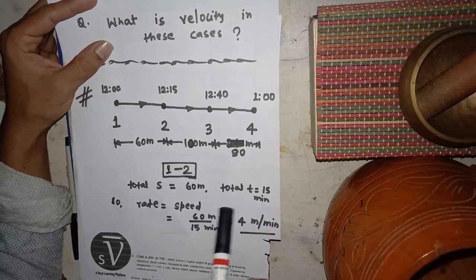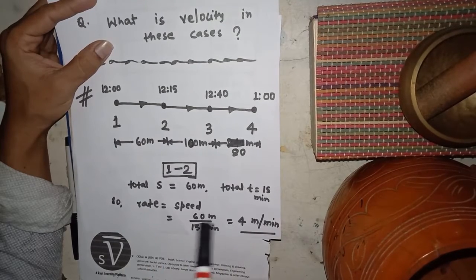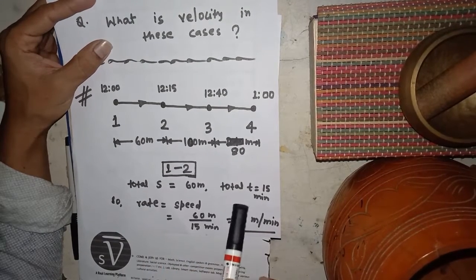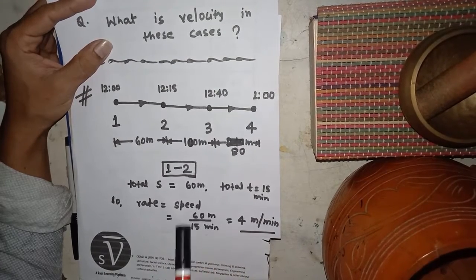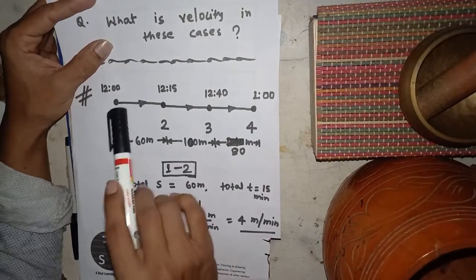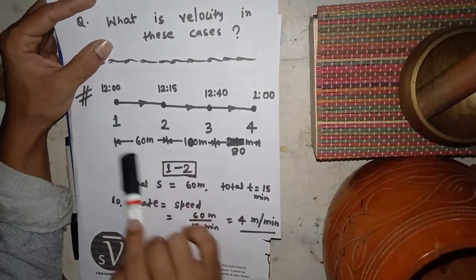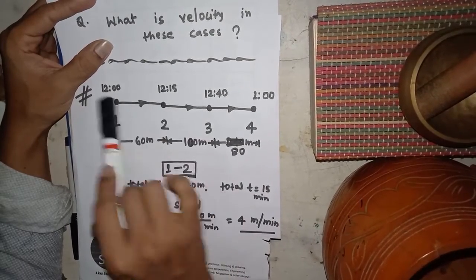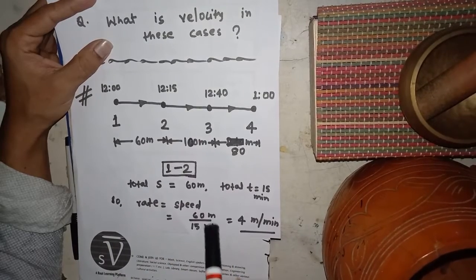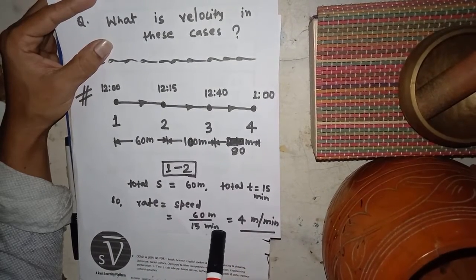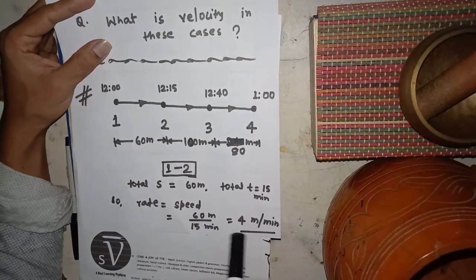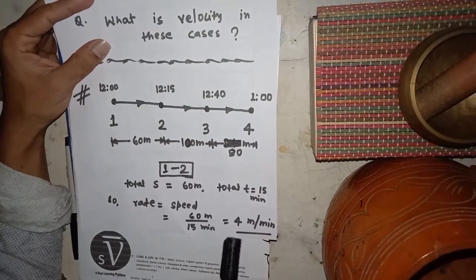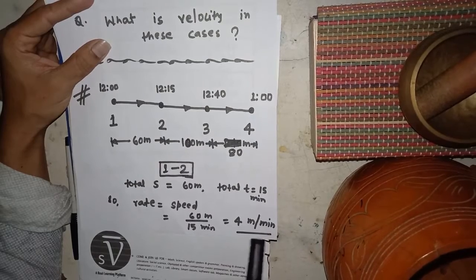So either rate or speed or velocity is nothing but displacement by time, or s2 minus s1 by t2 minus t1. Here s2 minus s1 is 60 meters and t2 minus t1 is 15 minutes. That's why it is 60 meters by 15 minutes.